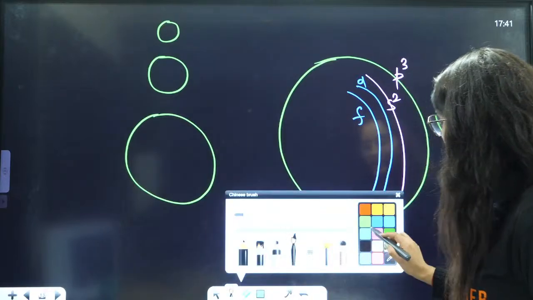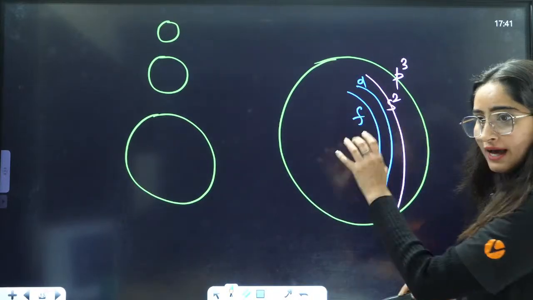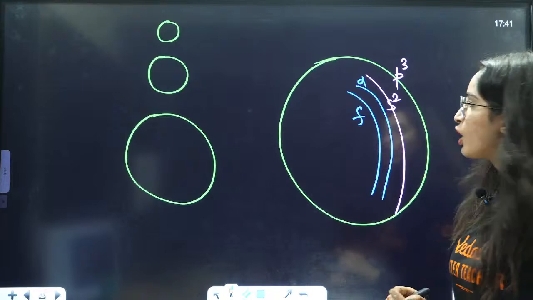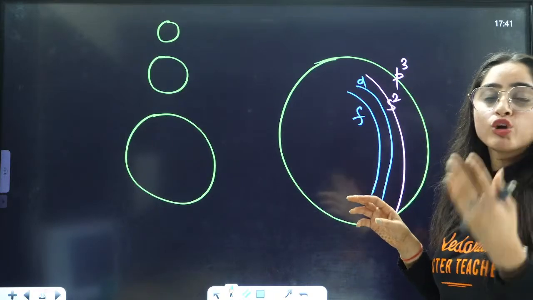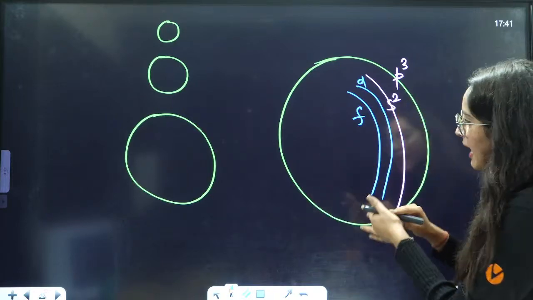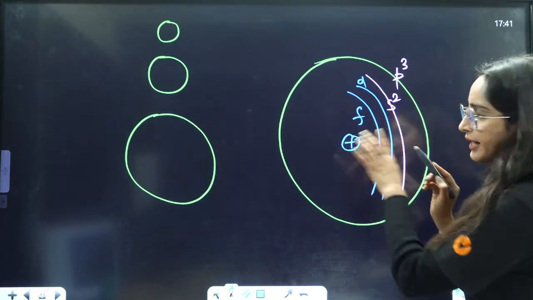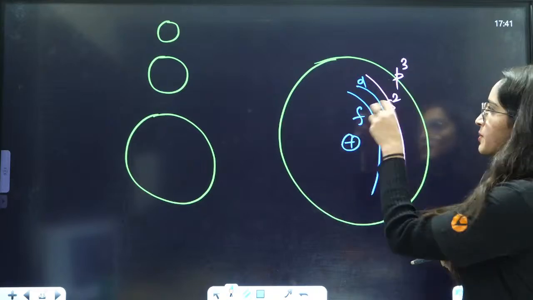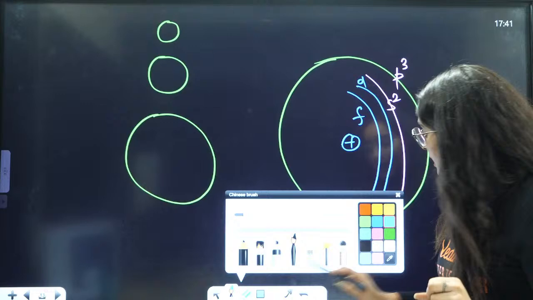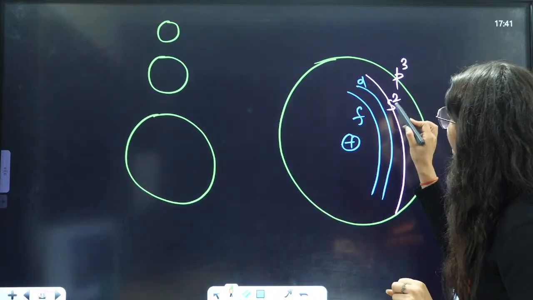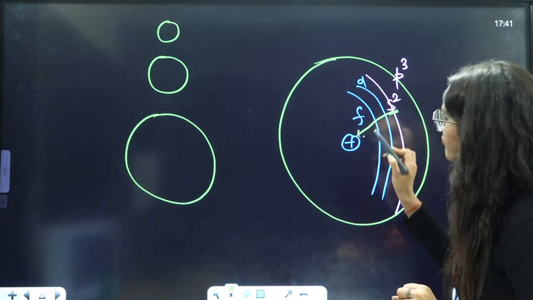Now I am saying that D and F have a poor shielding effect. So the outermost electrons will be attracted towards the nucleus inside. That is the reason: because of their poor shielding effect, the outermost electrons are attracted. Here P is more, S is closer, so it will have more attraction.